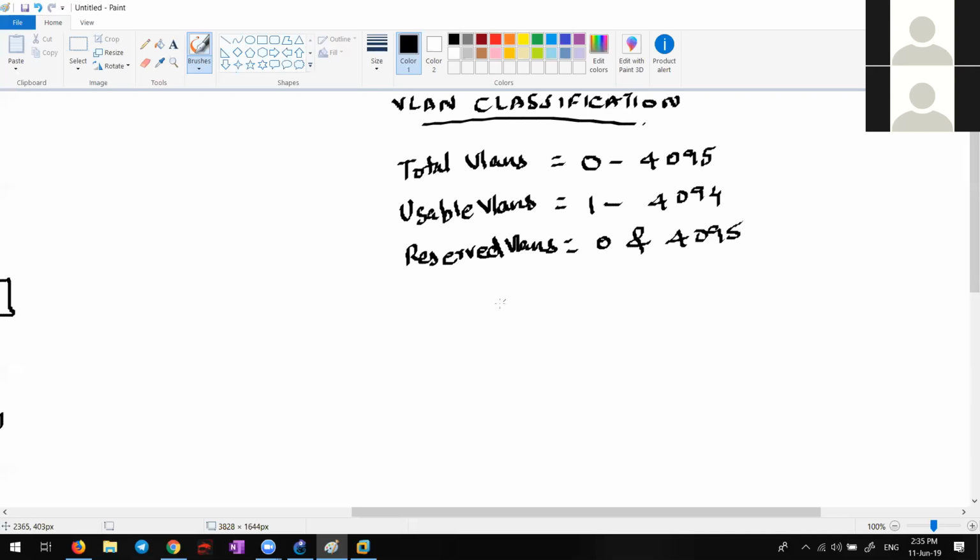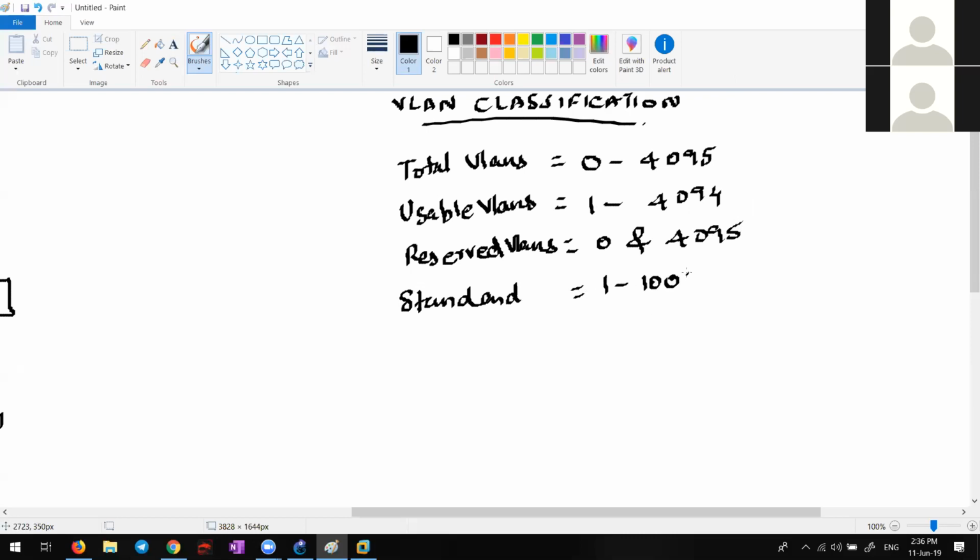Okay. Then we have standard VLANs, correct? What is the range of standard VLANs? 1 to 1000? No. 1003? No. Any other answers? 1001? Yes, 1001 is the usable one.